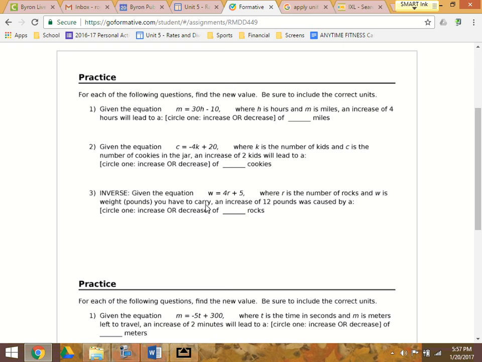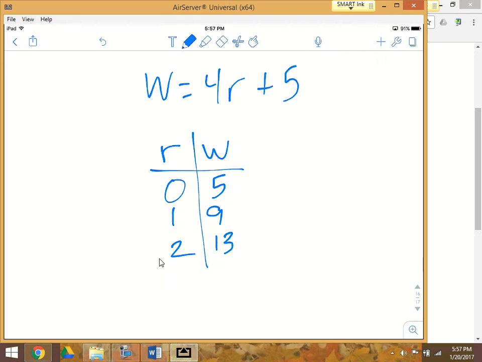Now we need to figure out an increase of 12 pounds. So how many rocks do I need to make an increase of 12 pounds? Well, so far I have an increase of 2 rocks, and I've gone up 8 pounds.